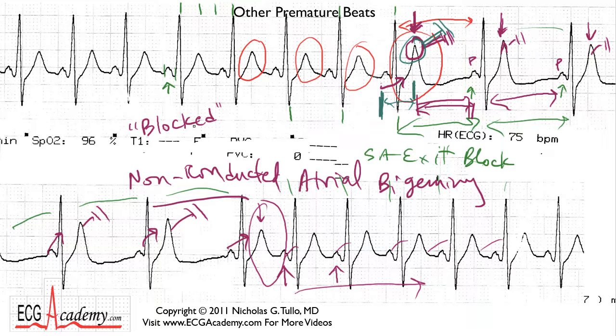And so the word blocked implies there's something wrong with the AV node, and often that is not the case. So I prefer the term non-conducted. It just is more clear and less misleading, and doesn't make it sound like there's something wrong with the AV node. Okay? Let's go on to the next example of unusual premature beats.